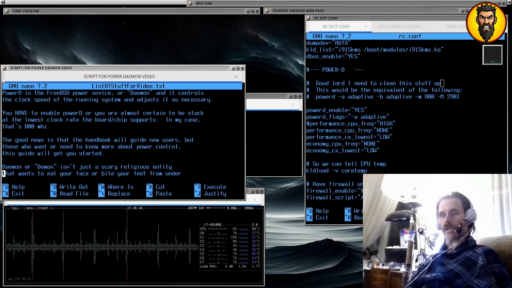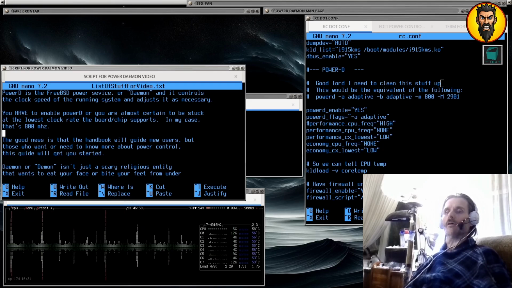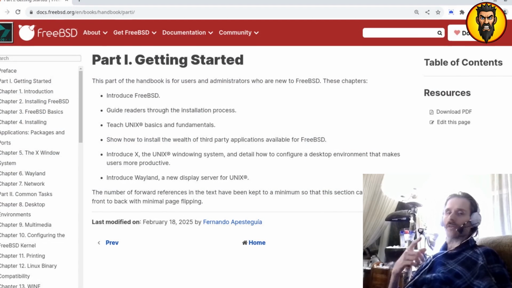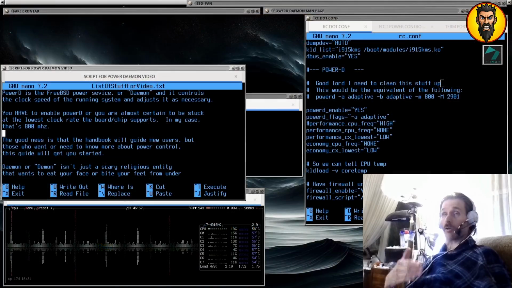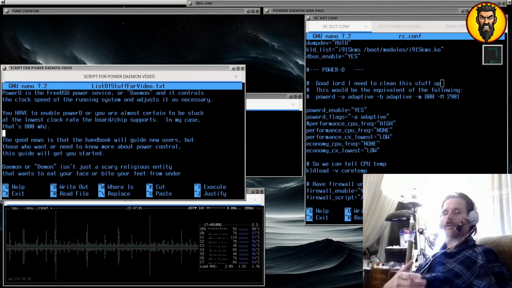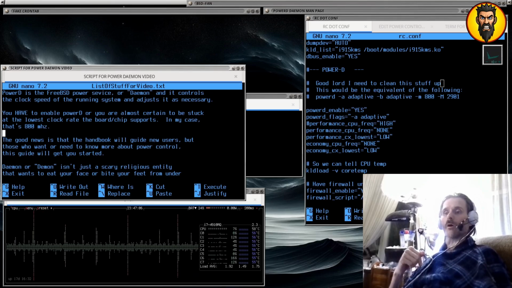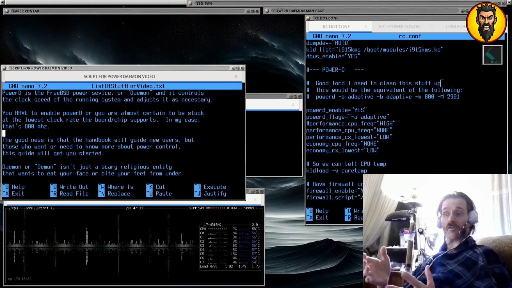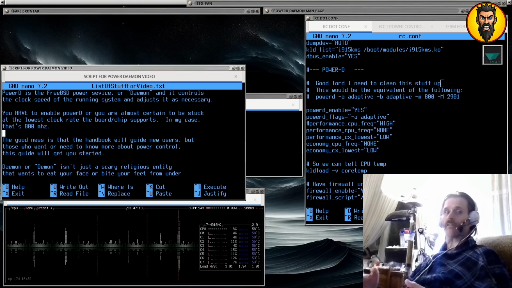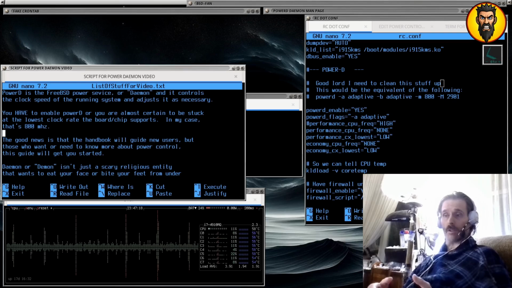One of the things you may not notice, you could use FreeBSD for years and not notice this if you've followed the handbook and done what you're supposed to do on a new installation, is that on a lot of machines, if you boot them up or kill the process so that you don't have any PowerD running, you can be stuck at the minimum clock that the machine will boot with or has available.